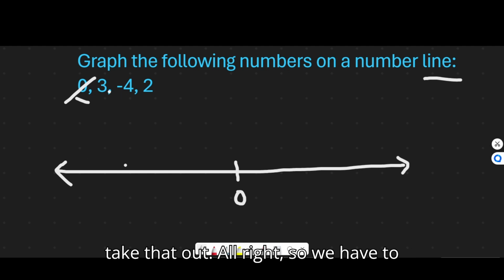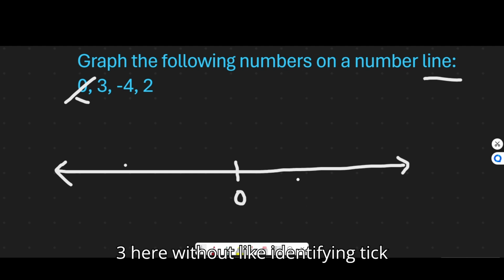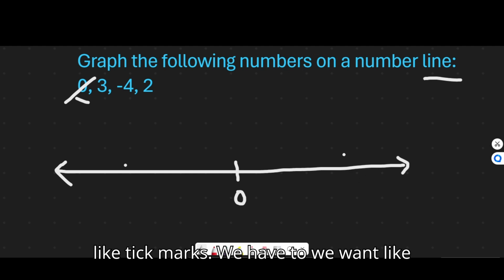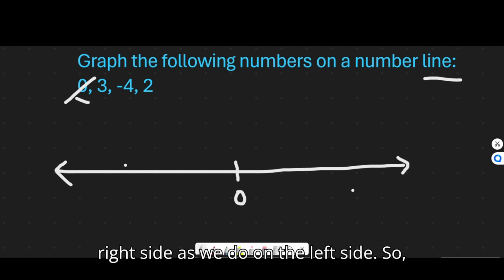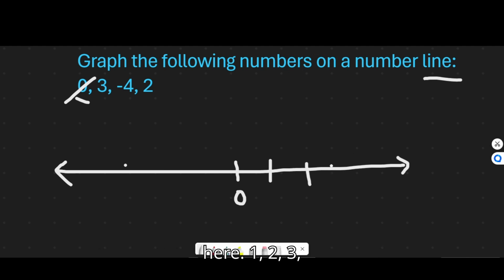Alright, so we have to graph 3. Well, we can't just graph 3 here without identifying the tick marks. So we're going to have to draw tick marks. We want the same amount of tick marks on the right side as we do on the left side. So let's just draw 5 tick marks here: 1, 2, 3, 4, 5, and 1, 2, 3, 4, 5.